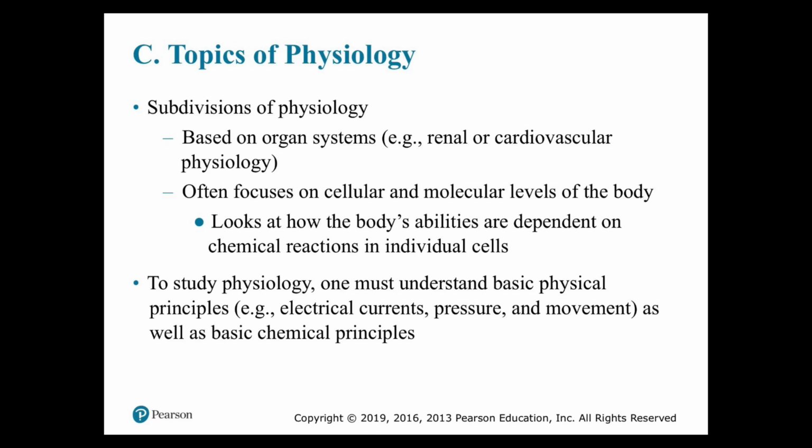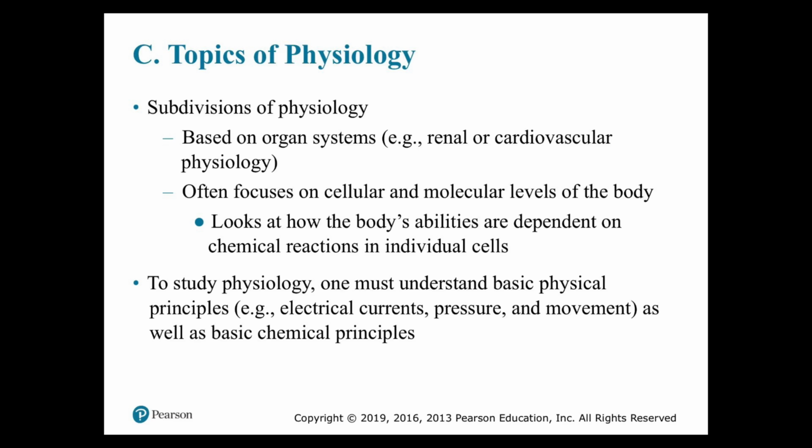There are subdivisions of physiology which could be based on organ systems. For example, renal physiology is about the kidney and its workings. Neurophysiology is the nervous system, then cardiovascular physiology, and other organ systems.